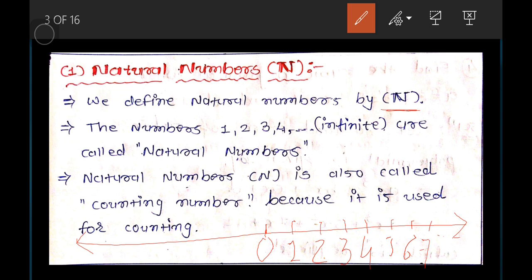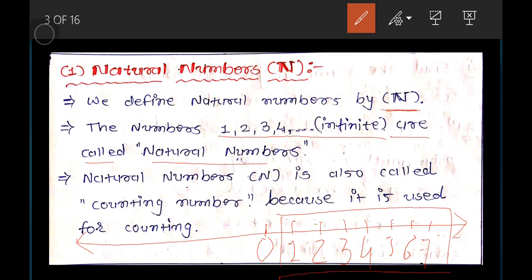On the right side of 0 these are all positive numbers. Such numbers are called natural numbers. So the numbers 1, 2, 3, 4, 5 up to infinity are called natural numbers.